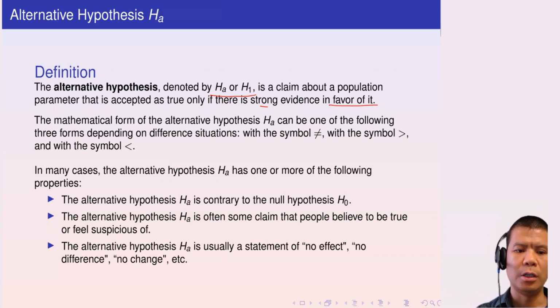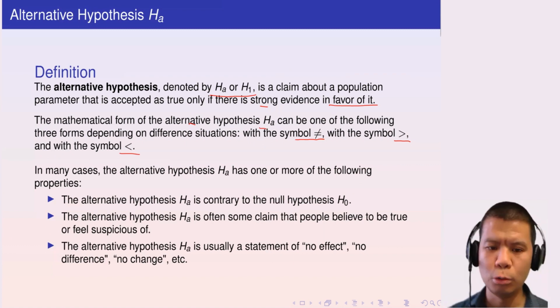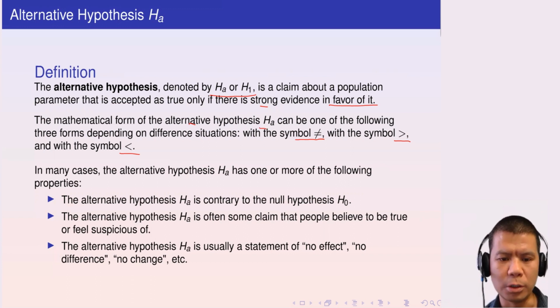The mathematical form of the alternative hypothesis HA can be one of the following, depending on different situations. One is with an inequality sign, a greater than sign or a less than sign. They do not have the equal sign. It's something different from the null. In many cases, the alternative has one or more of the following properties.